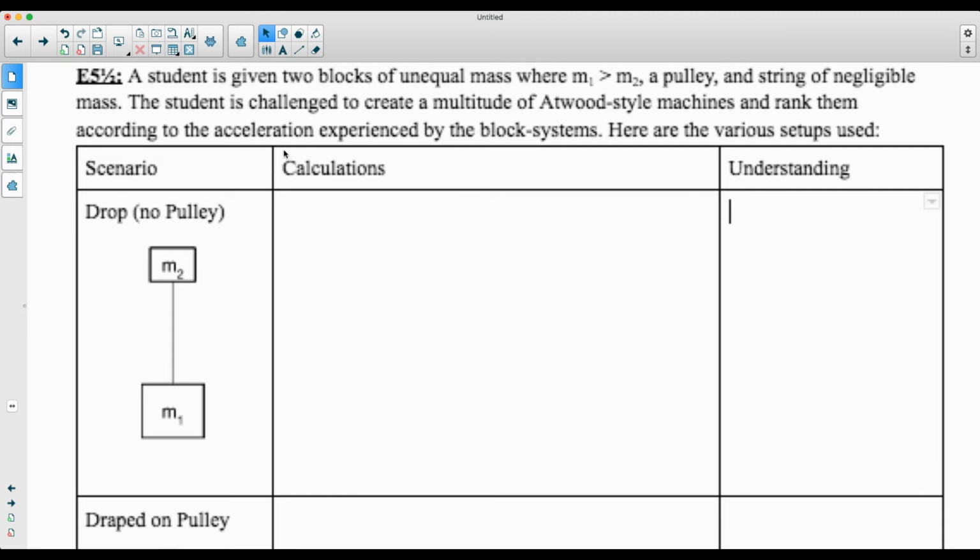If we're looking at this one right here, we can make our little free body diagrams. Put a little dot. This can be mass 1, and this can be mass 2. Number 1 has FG pulling down, and number 2 also has FG pulling down.